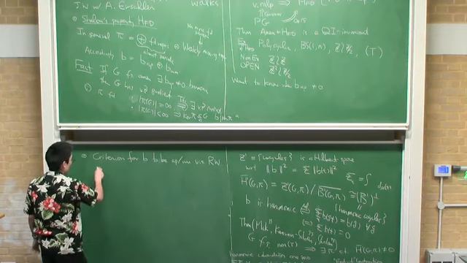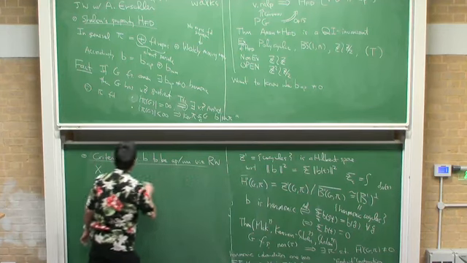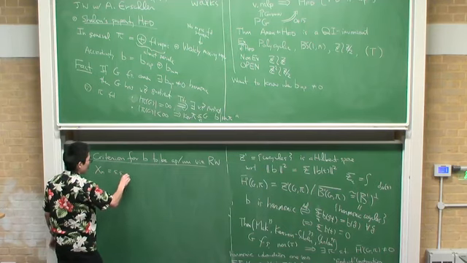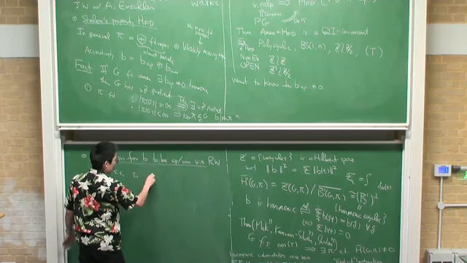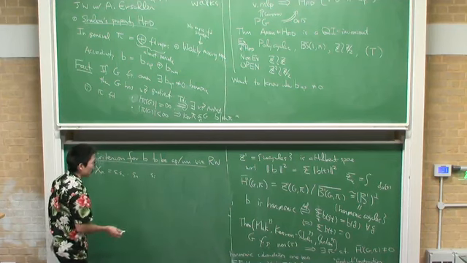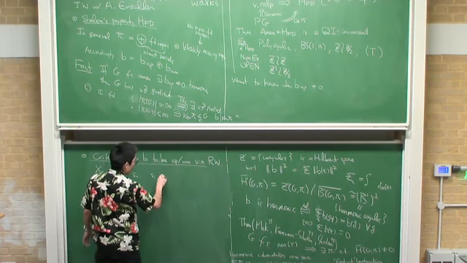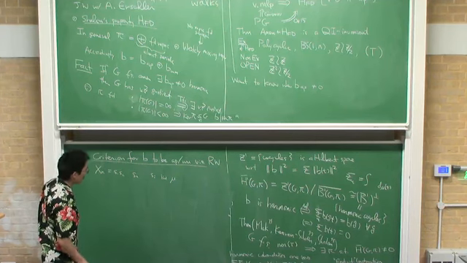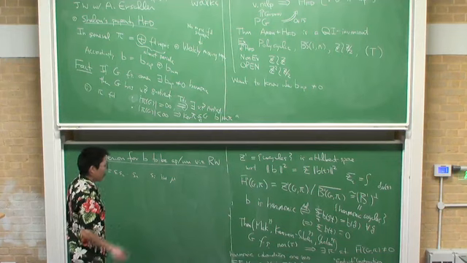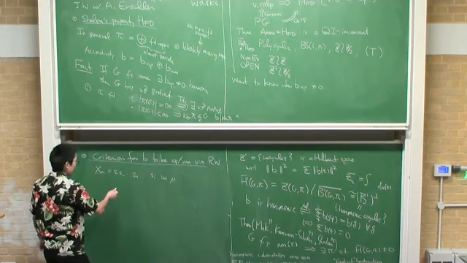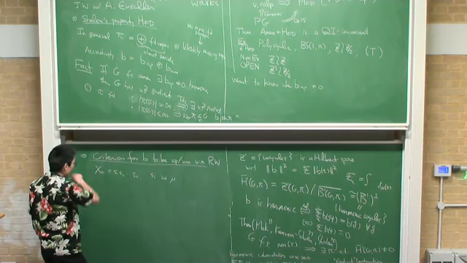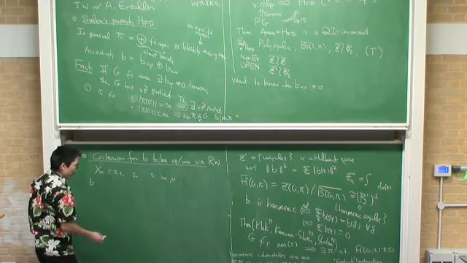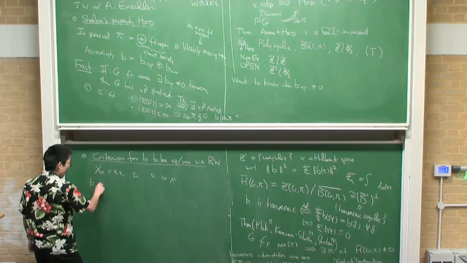So random walk x_n is a trajectory of random walk, so it's S1, S2 to Sn, where the Si are randomly chosen IID with distribution mu. Mu is a probability measure on G. Then the B, from now I generally assume B is harmonic.